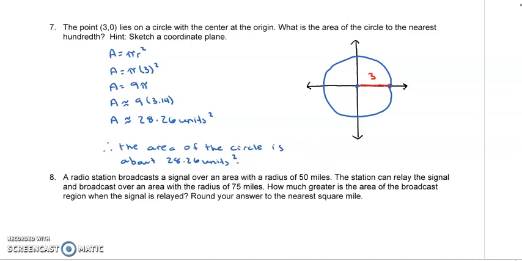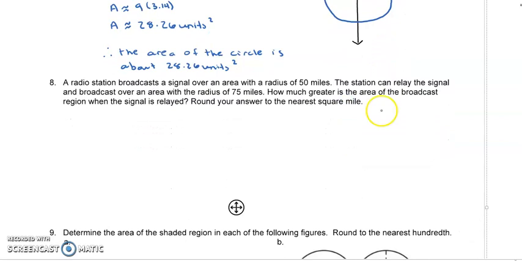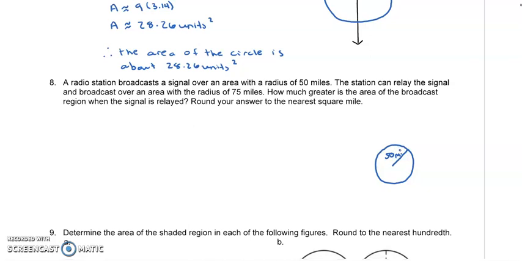All right, number 8, a radio station broadcasts a signal over an area with a radius of 50 miles. So if I start sketching, here's that broadcast area with a radius of 50 miles. The station can relay the signal and broadcast over an area with a radius of 75 miles.